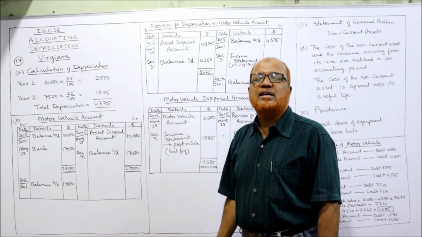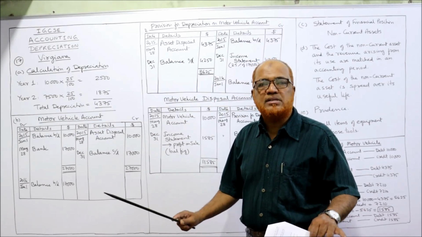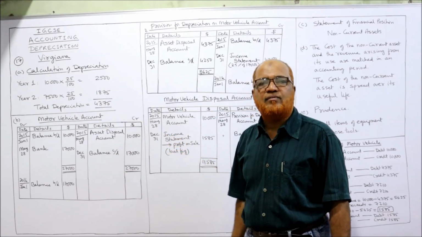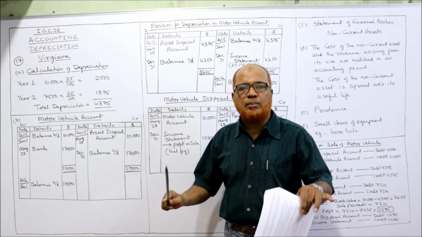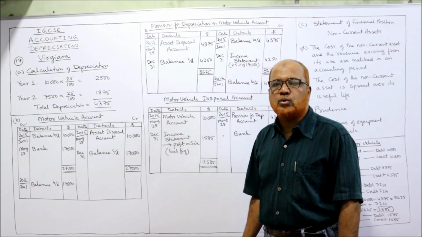This 1,875 is the depreciation for the second year, 2014. So the total depreciation for the 2 years, 2,500 plus 1,875, is 4,375, the total depreciation provided on the motor vehicle for 2 years, 2013 and 2014.